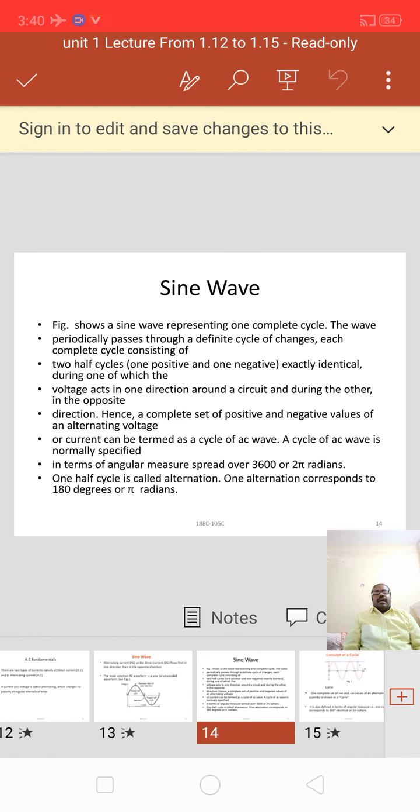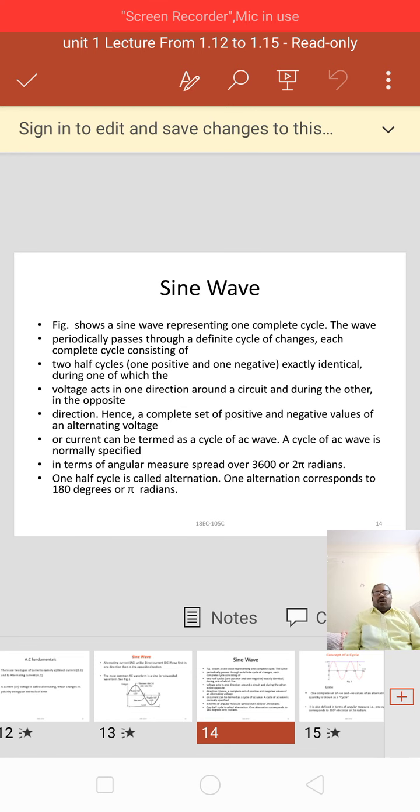Hence, a complete set of positive and negative values of the alternating voltage comprises the sine wave, or a complete set of positive and negative current or voltage comprises the cycle, and is also termed a sine wave of an AC wave or a cycle of an AC wave.